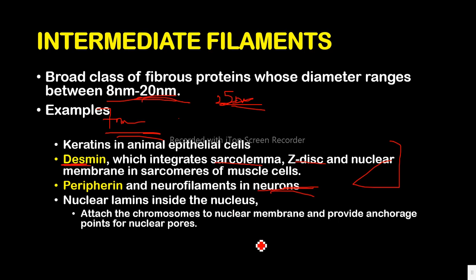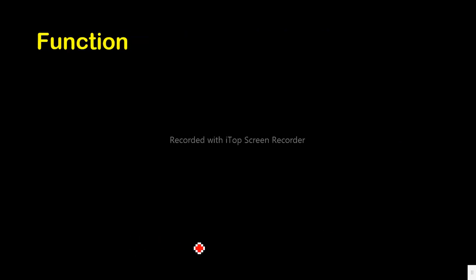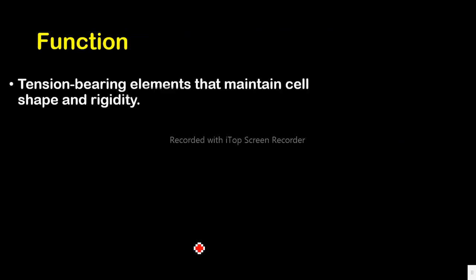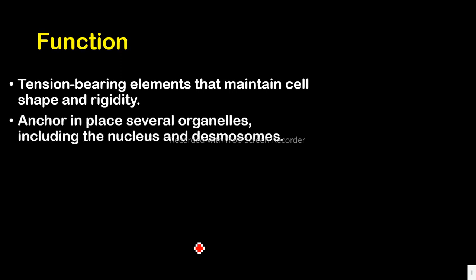So they attach chromosomes to the nuclear membrane and provide anchorage points for the nuclear pores. Functions: tension bearing, maintaining cell shape and rigidity, and anchoring in place several organelles, including the nucleus.